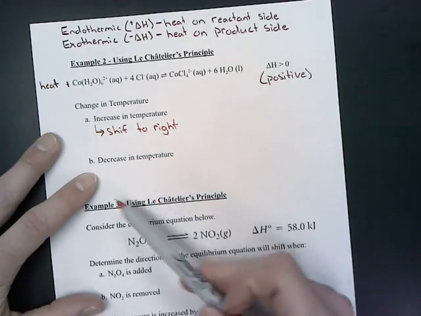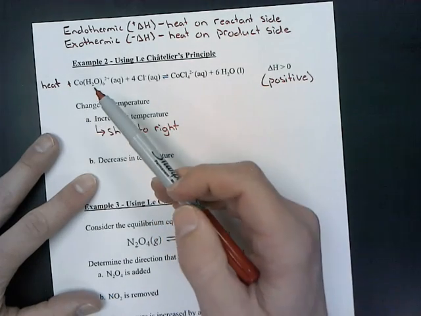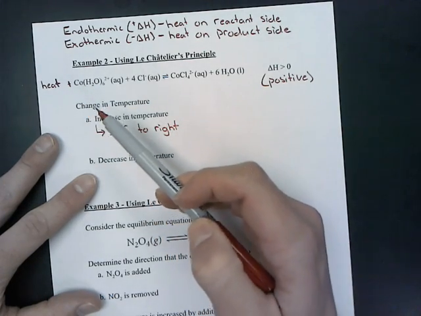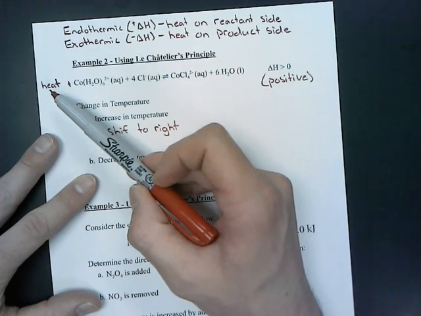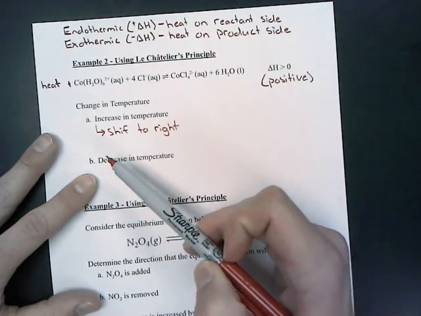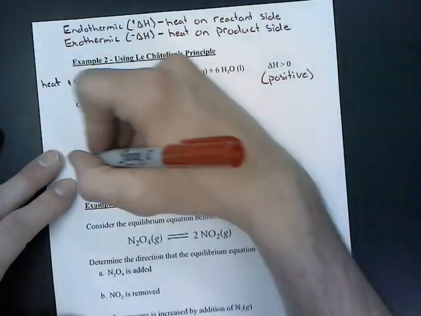Now, if there's a decrease in temperature, the equilibrium shifts to the same side that requires heat. Heat is over here on the left. Because we have a decrease, that means the equilibrium will shift to the left.